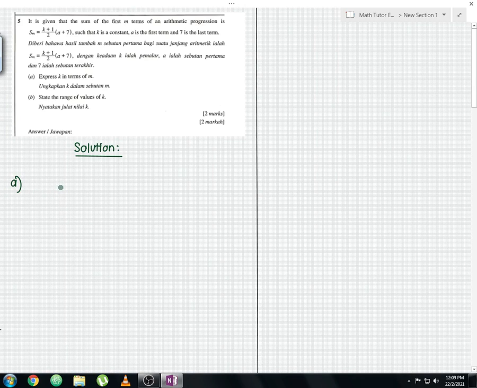One of the ways that we can use to calculate the Sn for an arithmetic progression is Sn equals n over 2 times (a + l), where a is your first term and l is your last term. Why I'm using this: we can relate it with the question given, where they give the hint that a is the first term and 7 is the last term, which makes sense, right?